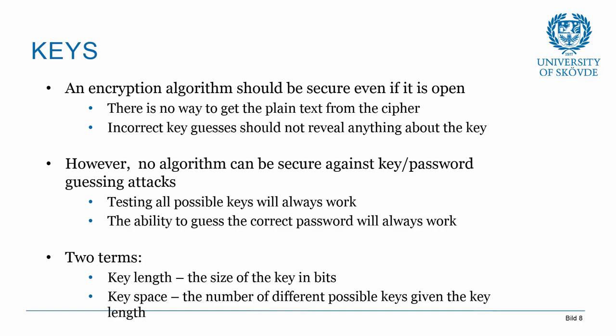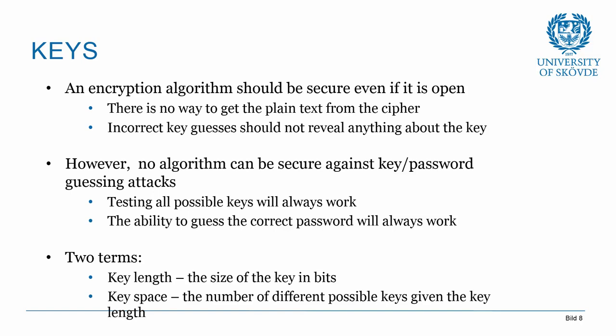And to be able to do this, we need two properties. First of all, there cannot be any way to get the plain text from the cipher. So if someone gets the cipher, they cannot revert that to the plaintext without the key, even if they know everything about the algorithm.